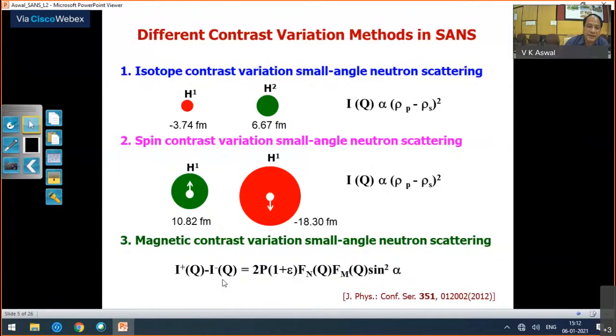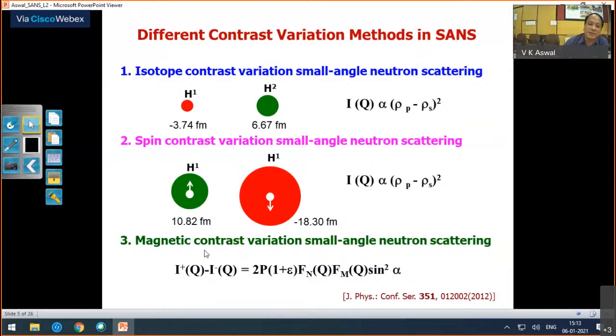Then, as you may have learned, the neutron is the right probe to look at magnetic structures, since it's a small magnet, and you can make use of small angle neutron scattering to look at magnetic structure as well as nuclear structures. What you make use of in the case of magnetic contrast variation is polarized neutron.